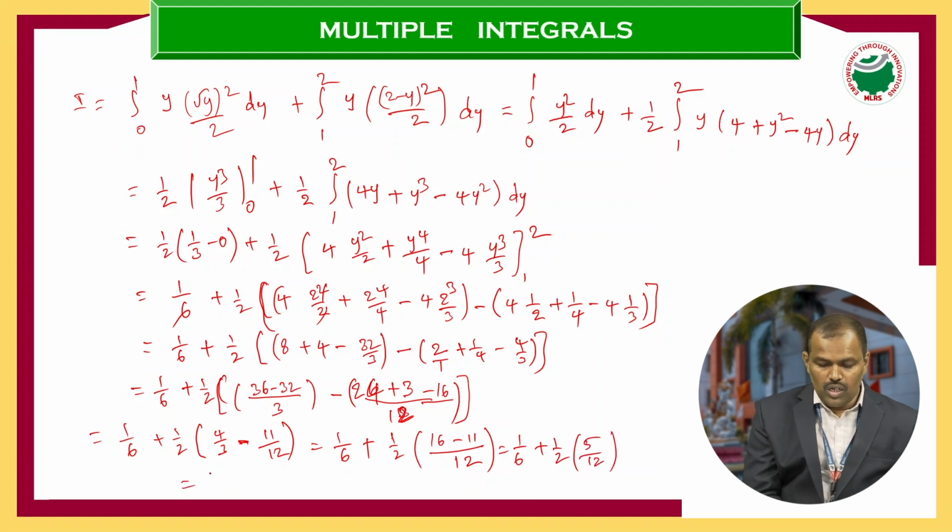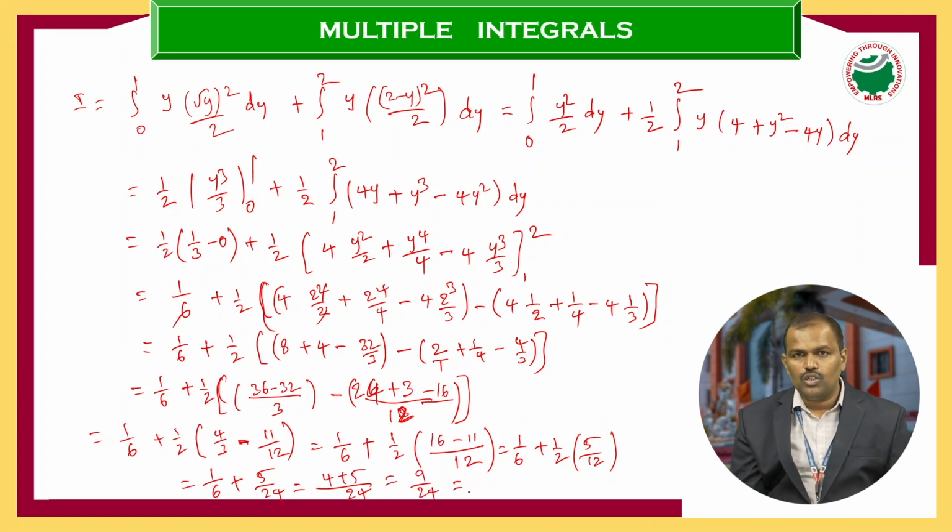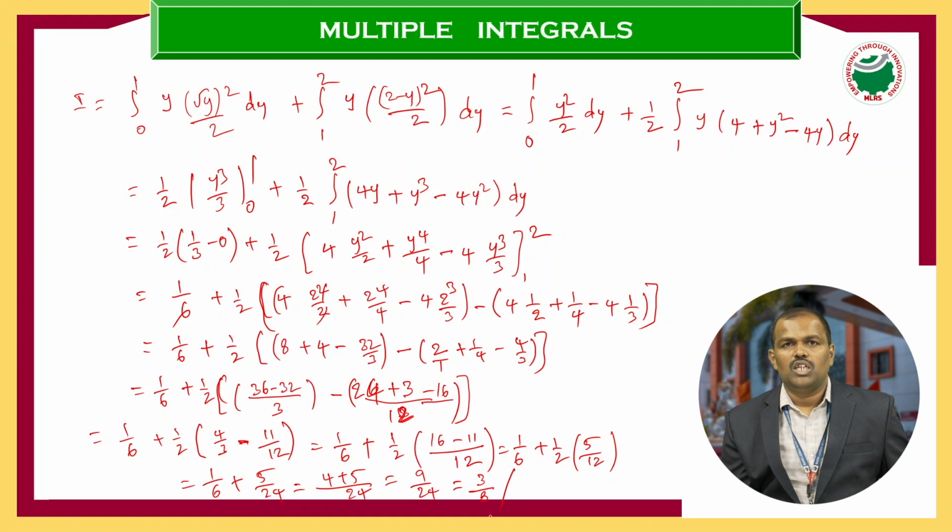So that is equal to 1 by 6 plus 5 by, 2 12s are 24. Again 24 is the LCM, so that is 6, 4 times cancel, 4 plus 5, 9, 9 by 24. 9 by 24 means 3 in 9, 3 times cancel, in 24, 8 times cancel. The final answer is 3 by 8.